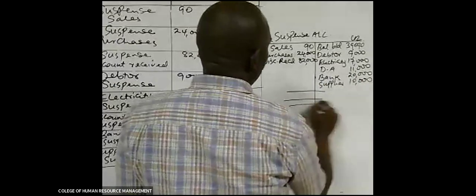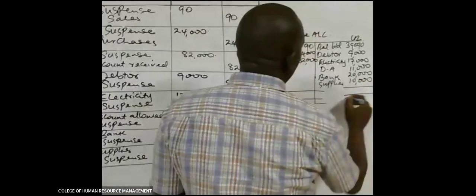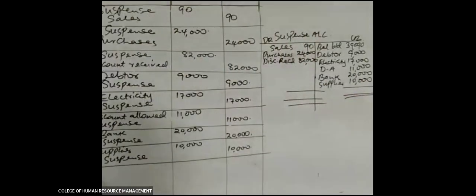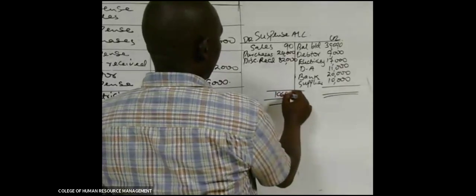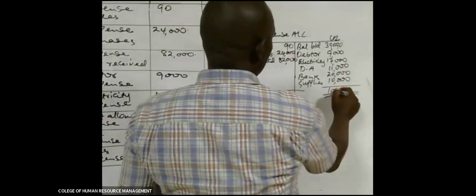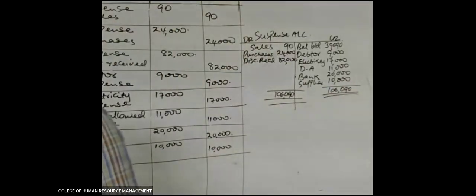If all errors have been identified and corrected, then our suspense account should balance. The totals on both the debit and credit should be equal, $106,090 on both sides.